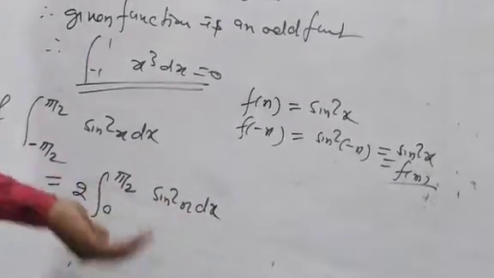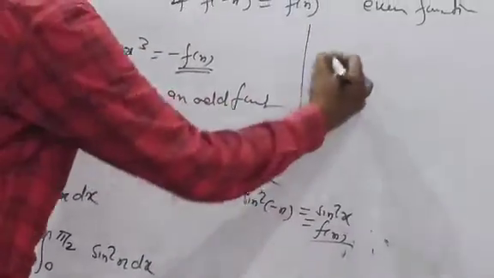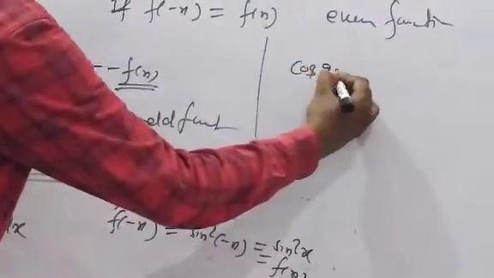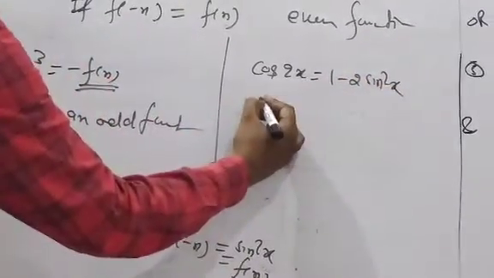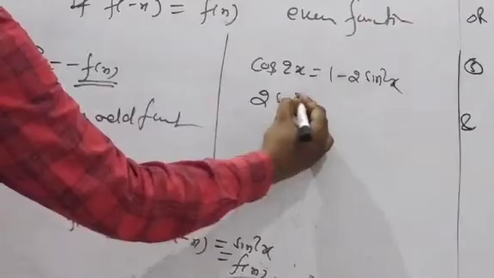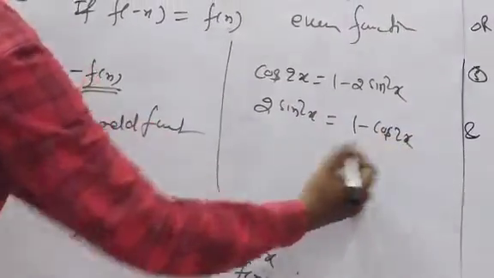Now, how can we integrate sin square x? Already you know, cos 2x is equal to 1 minus 2 sin square x. Then 2 sin square x is equal to 1 minus cos 2x.